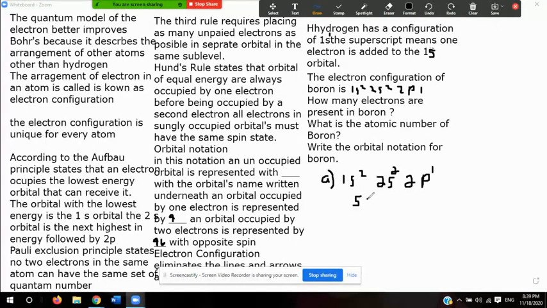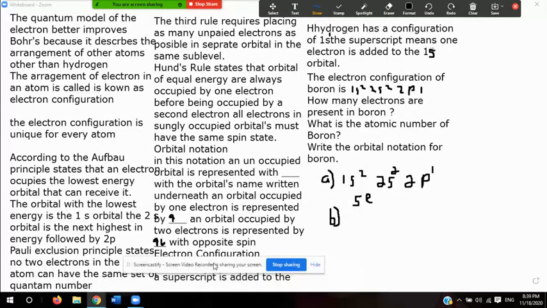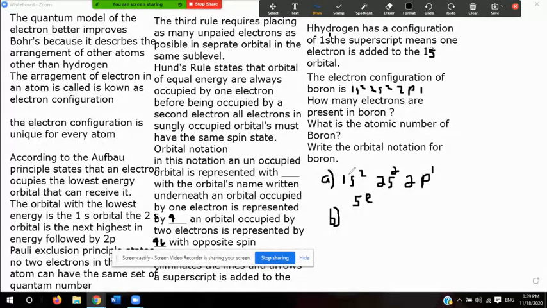So we answered A. Now, the second question is asking us to find the atomic number of boron. Now recall from chapter 3 that the atomic number is the same as the number of protons, and the number of protons is equal to the number of electrons.